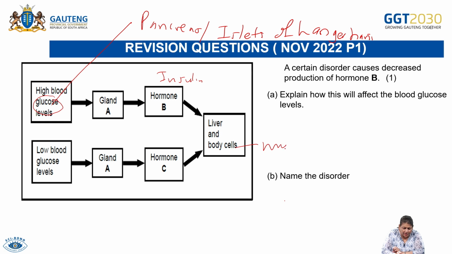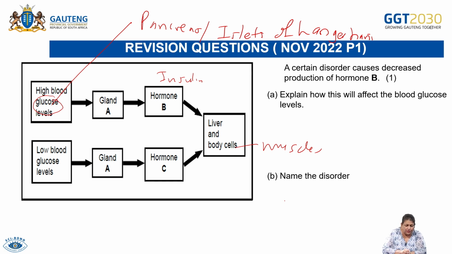It is basically your muscles. So all that excess glucose went to your body cells and your liver. And then insulin is going to go to the liver and your muscle cells. And what is it going to do? It's going to convert the excess glucose into glycogen and store it. And the glucose level is going to come back to normal.